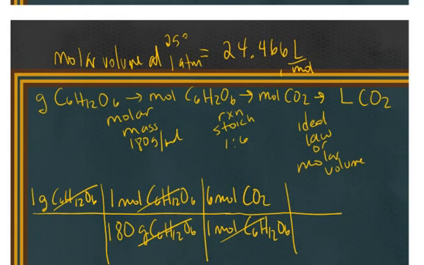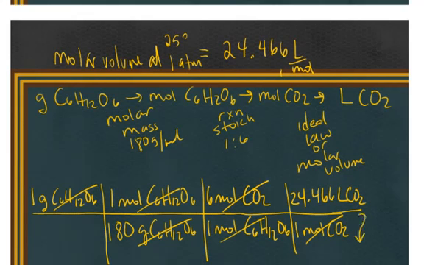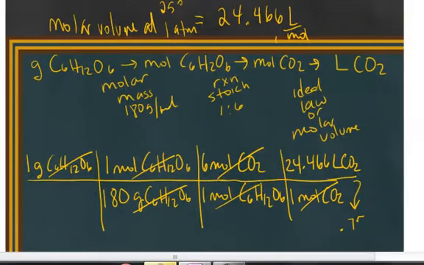Okay, since that is a well-known quantity, I can put that in right here and say for every 1 mole of carbon dioxide at 25 degrees Celsius and 1 atmosphere, I found that number in a table, the molar volume is 24.46 liters of carbon dioxide. So in that way, I can very easily calculate the volume of this number of moles of carbon dioxide, which is going to be 0.75 liters of carbon dioxide.